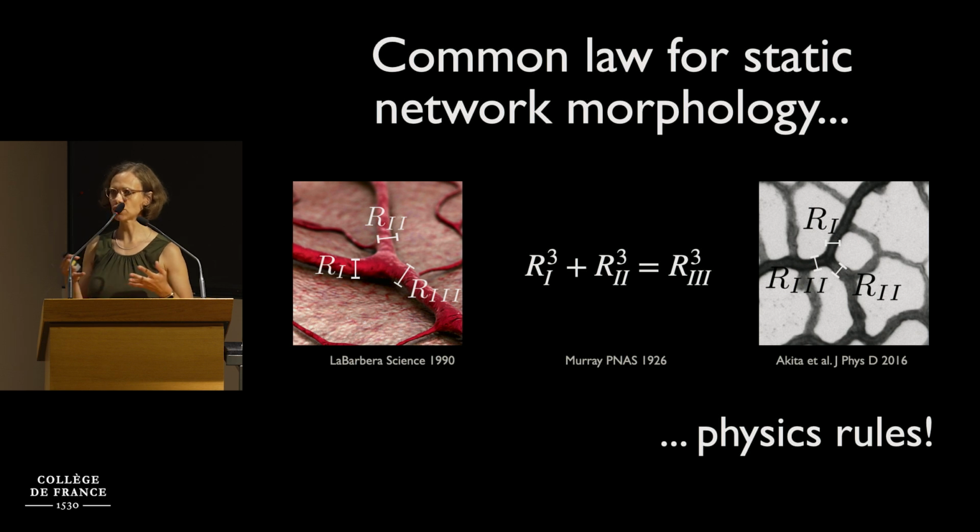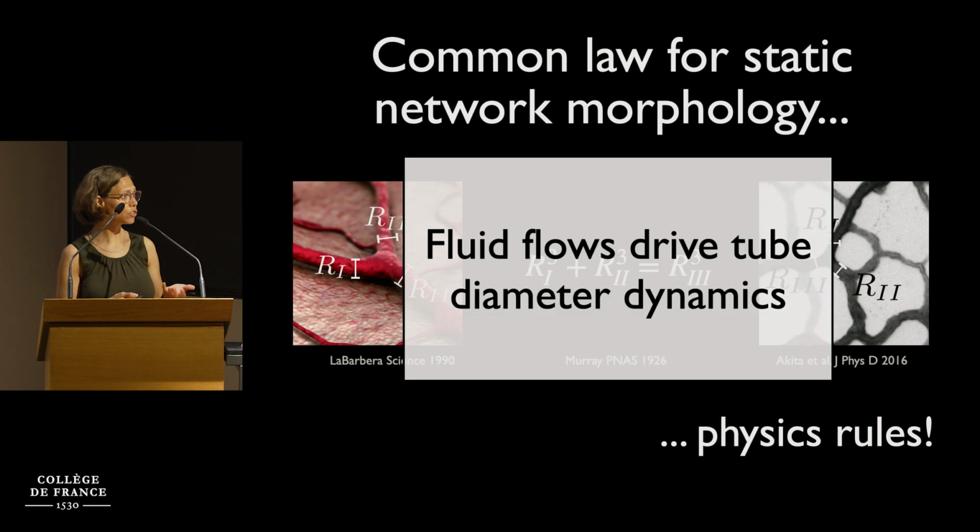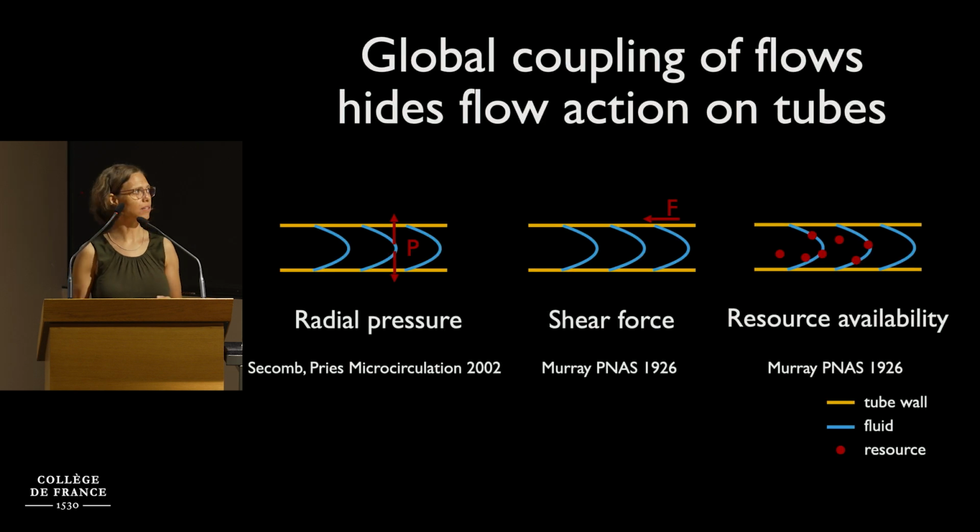And that's what's actually shared across these organisms, that what's governing the physics here is the laminar flow in long, slender tubes. And so Murray coined the idea that fluid flows drive these tube diameter dynamics. Yet, how flows drive these tube diameter dynamics, that could be in a variety of ways.